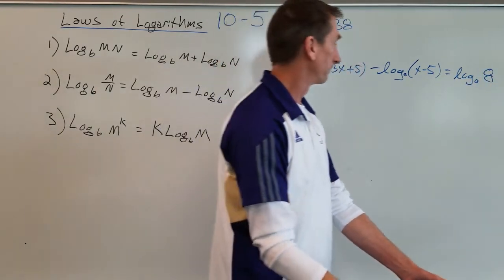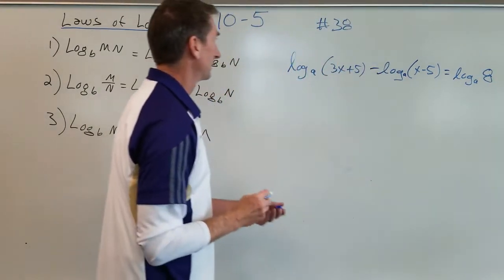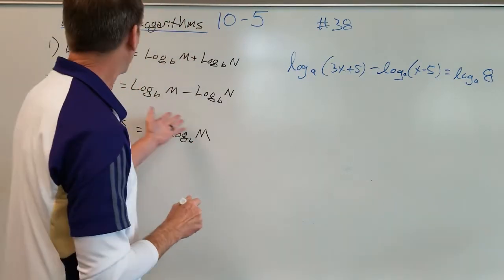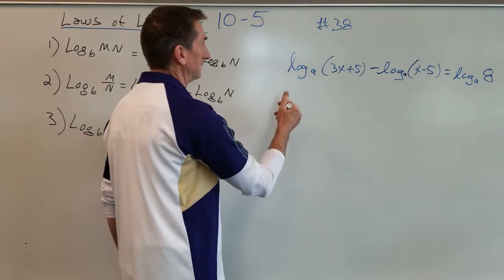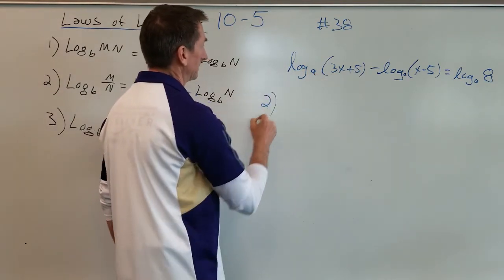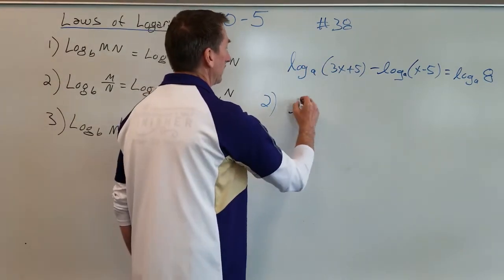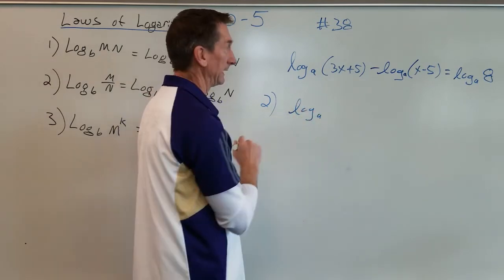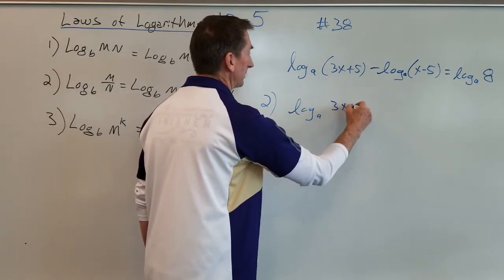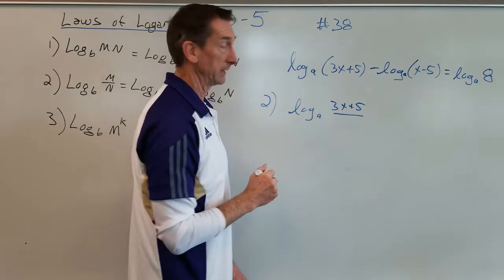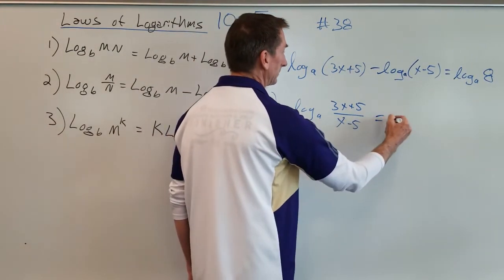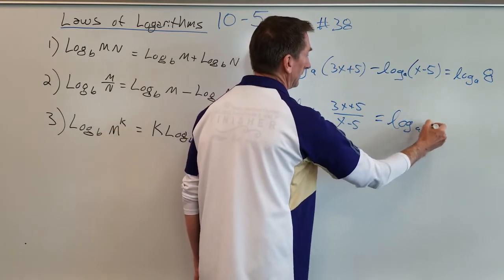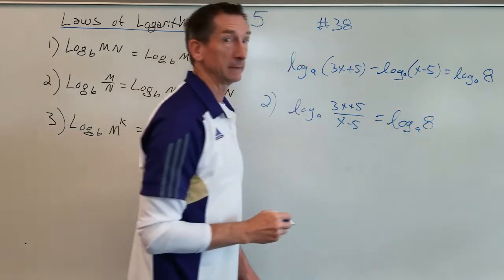Okay, so first off, let's apply this law, number 2, over here on this side. And so that's going to give us log base a of 3x plus 5 divided by x minus 5. And that equals log a 8.